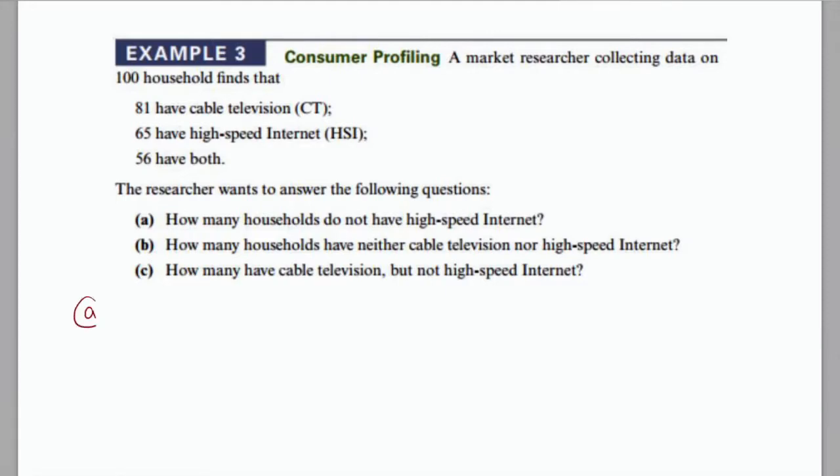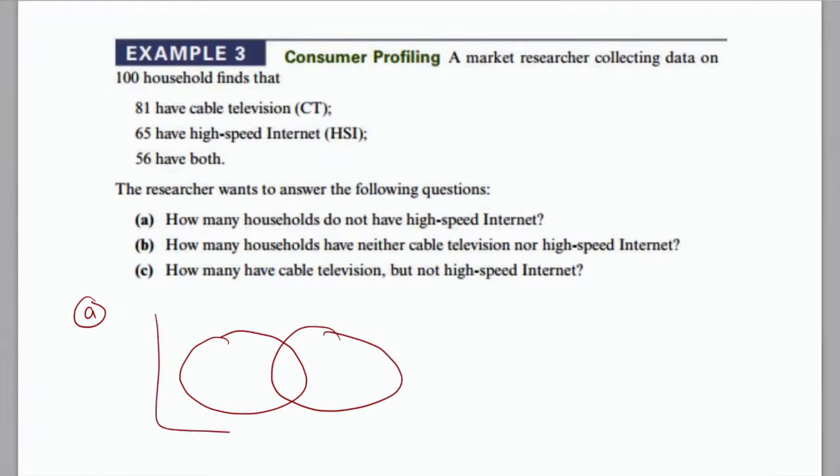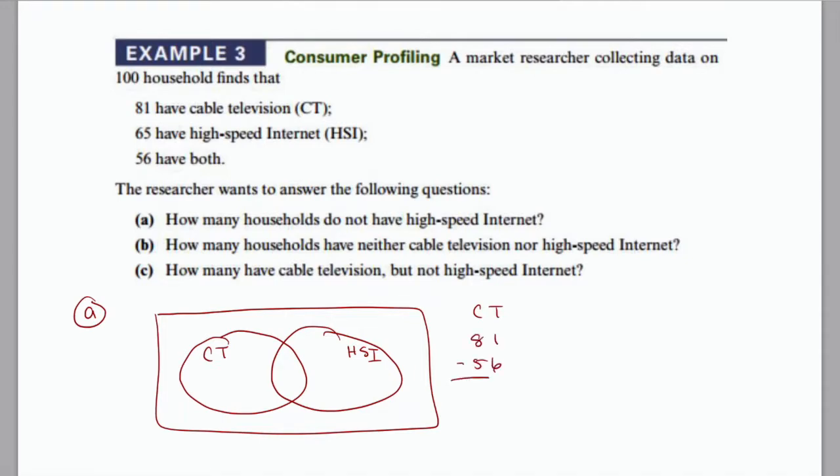For A, do not have high-speed internet. This is cable television. This is high-speed internet. So for cable television, we have 81 minus 56.